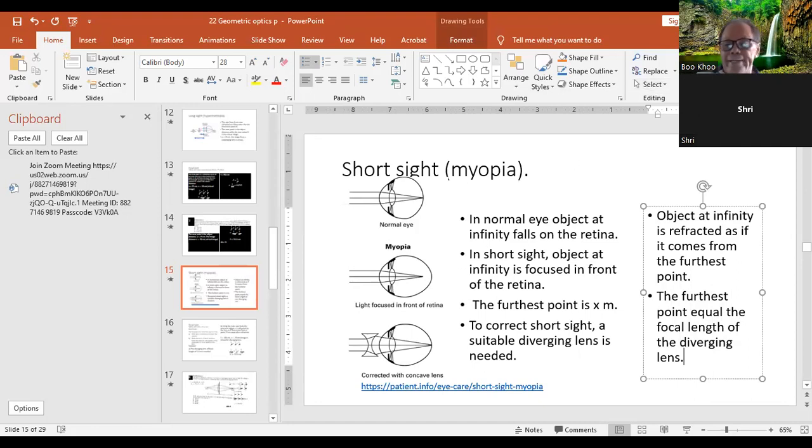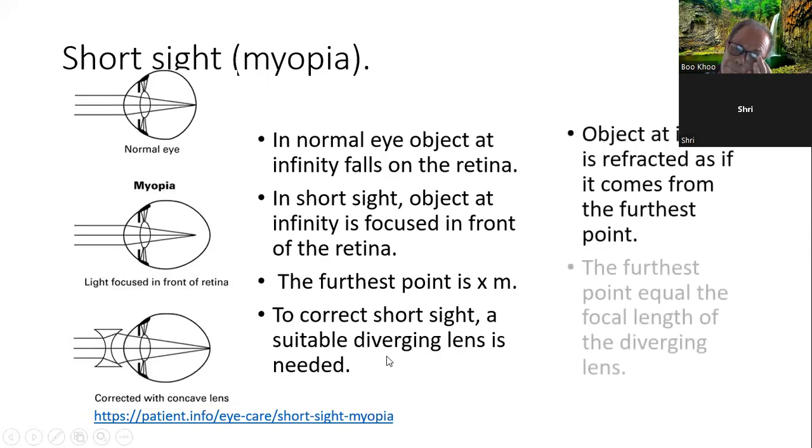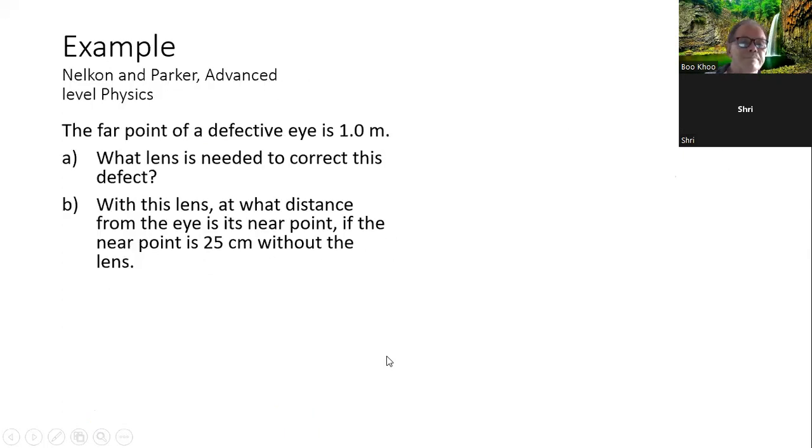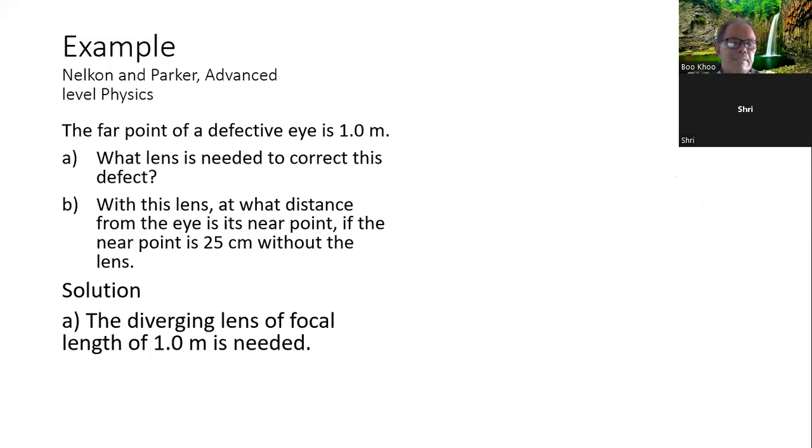Can or not? Right? A diverging lens of focal length 1.0 meter is needed. That's all.